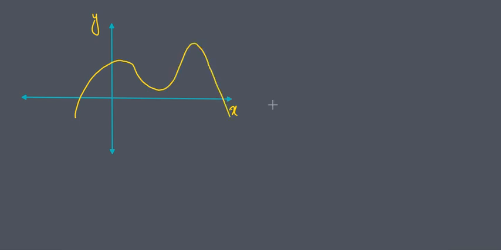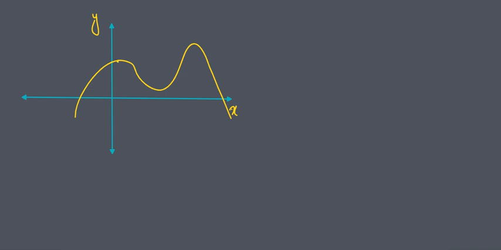For example, let's say this is our xy plane, this is the x-axis, this is the y-axis. And for example, if you have a function just like this, and this is a good function.